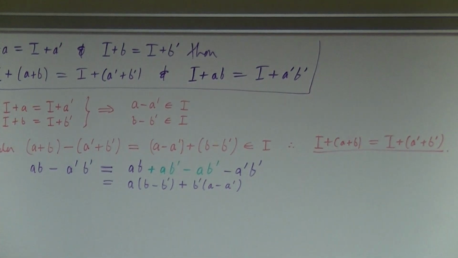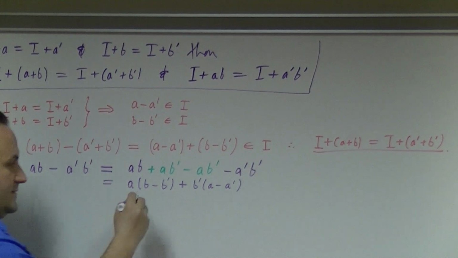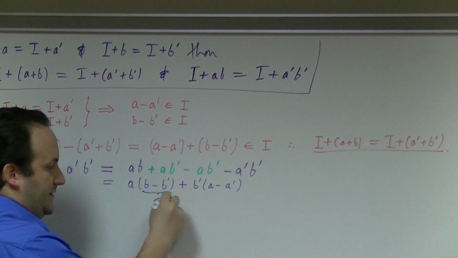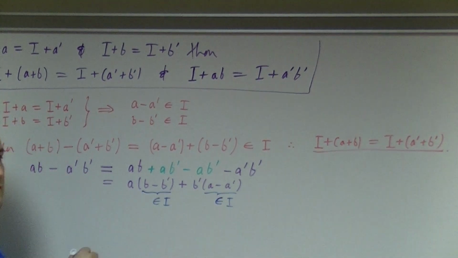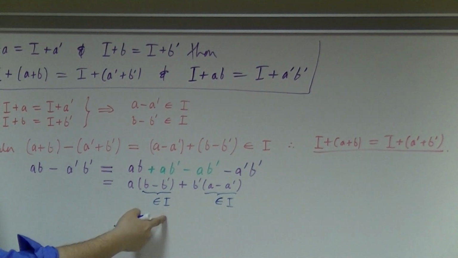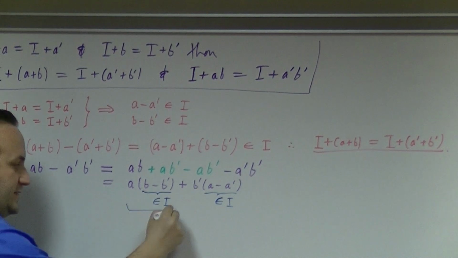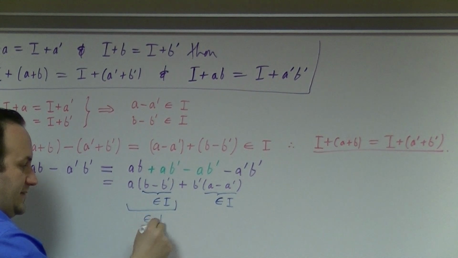Now why would I do that? I do that because I know that what is in parentheses is an element of the ideal. This is an element of the ideal, right? But if you have a ring element times an ideal element, altogether, this is an element of the ideal.